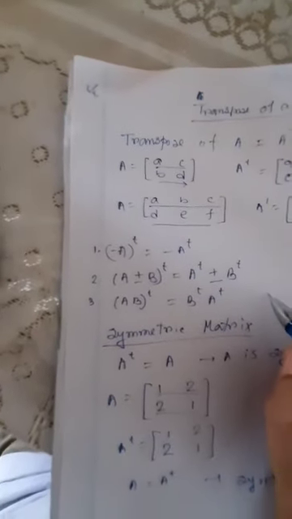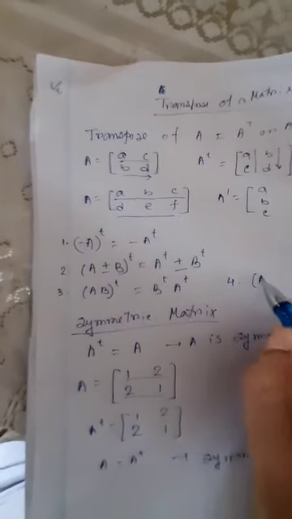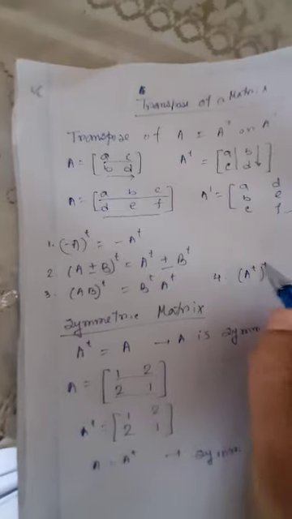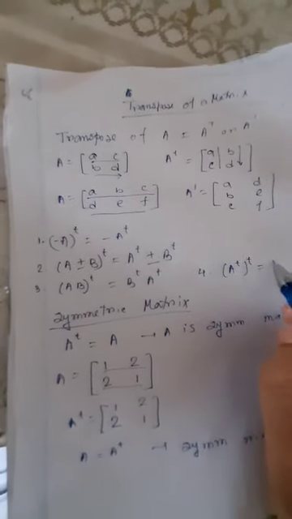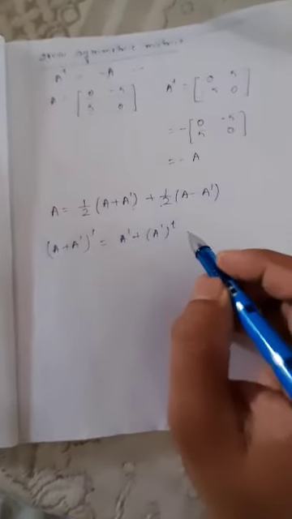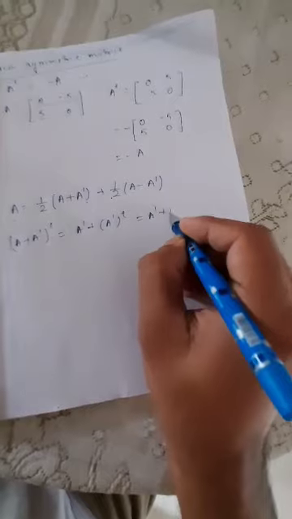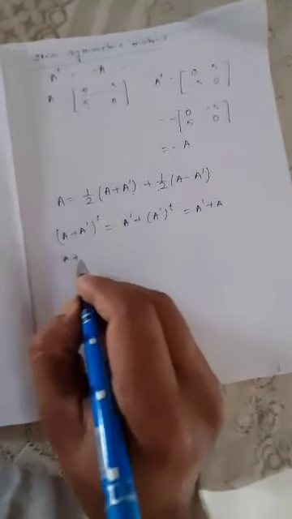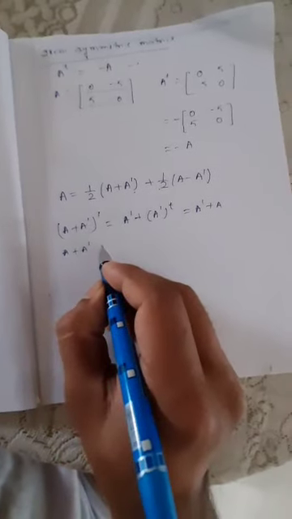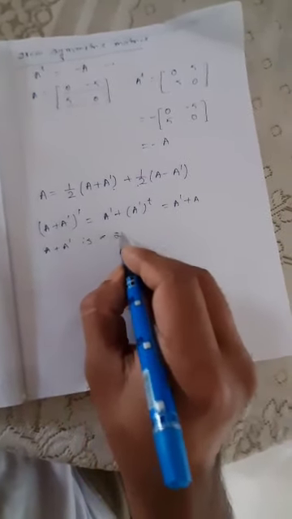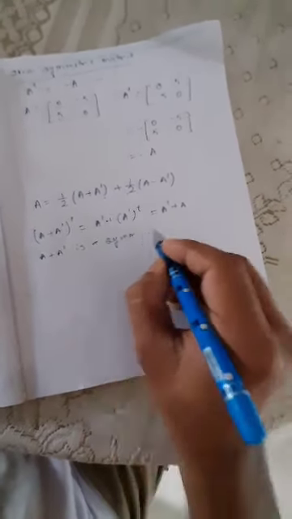Here we missed one thing: if you take the transpose of a transpose matrix, it becomes the same matrix again. So here it becomes A transpose plus A, that means they are the same, that means A plus A transpose is a symmetric matrix.